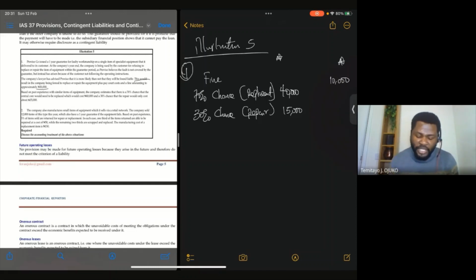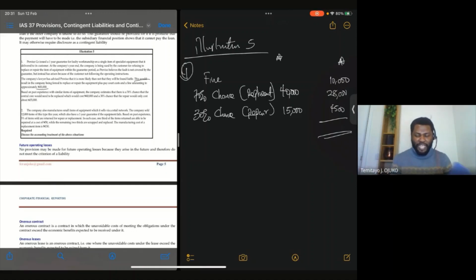Now let's do the probability weight: 70% of 40,000 and 30% of 15,000. This gives us 28,000. This gives us 4,500. So the weighted probability of provision that should be made is 28,000 plus 4,500.